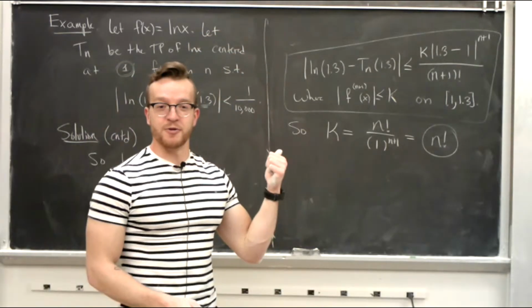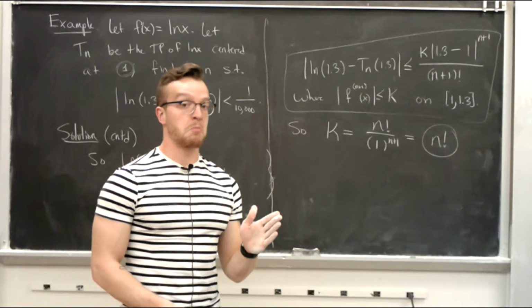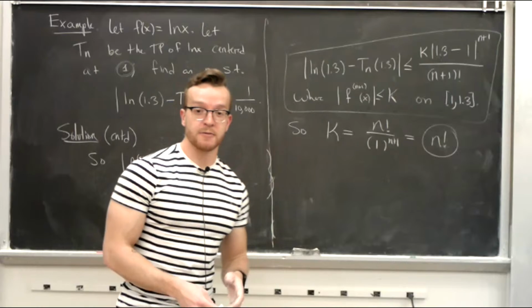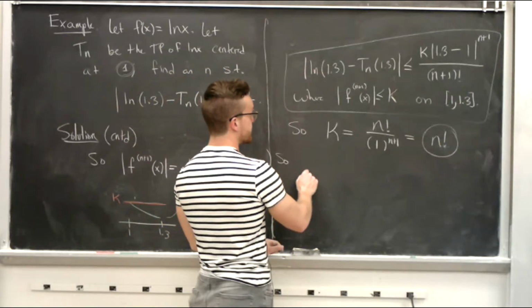Okay, so this is a little different than a lot of things that we've seen before. K is n factorial. Feels a little weird, but that's okay. So let's pop that back in here, see what it tells us.